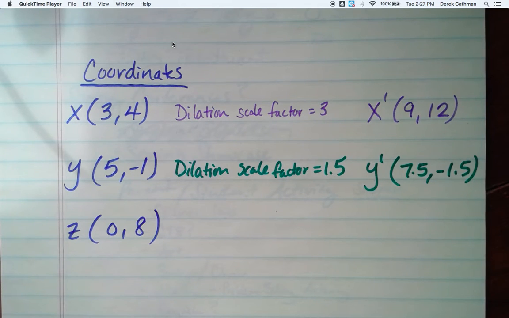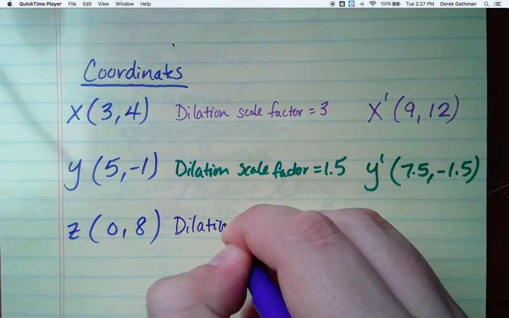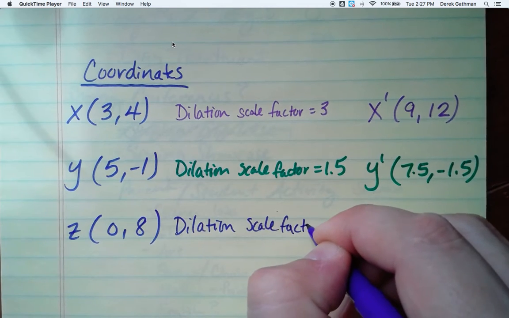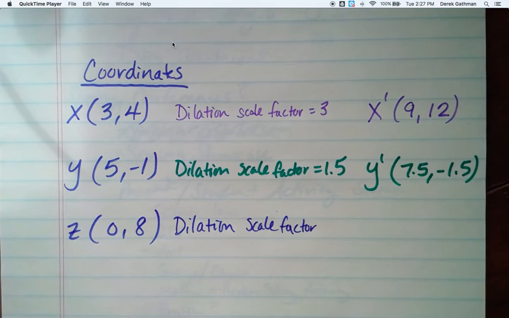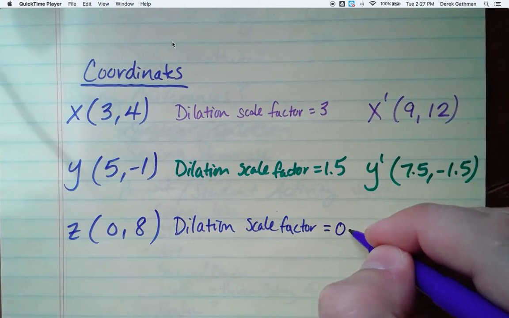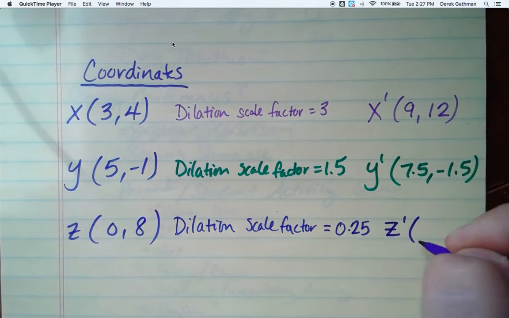A reduction then would be if I had a dilation with a scale factor of something less than 1. So earlier I had used 1/2. I could use 1/4. So let's say my scale factor is 0.25. What is z prime going to look like?